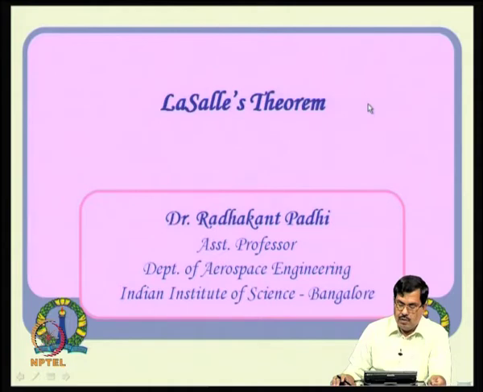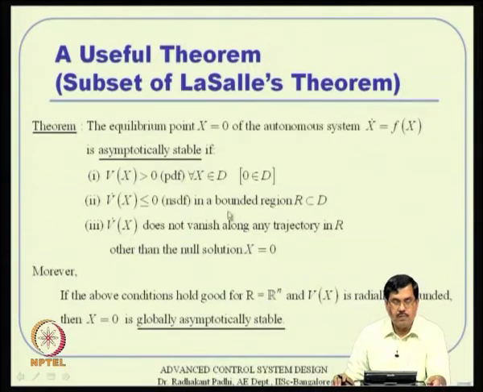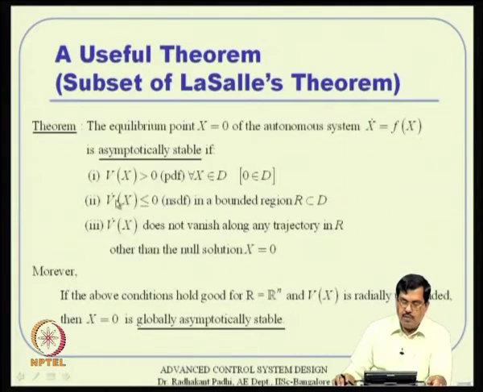Then we also studied LaSalle's theorem, that is what we ultimately led towards. And before studying LaSalle's theorem in full, we studied a subset of this theorem, which told us that even if V dot happens to be negative semi definite in a bounded region R, of course the region needs to be bounded, which needs to be a subset of D also, and then V dot equal to 0 happens only at the equilibrium point, nowhere else in that particular region R. What it means is V dot of x does not vanish along any other trajectory in R other than the null solution x equal to 0.